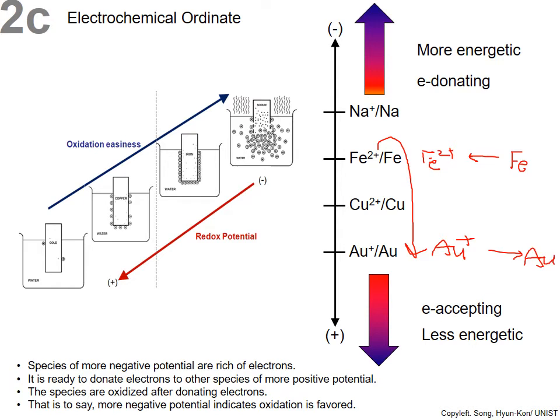In my previous explanation I have said this is the reduction, but it's wrong. This is the oxidation. And at the same time we would have the reduction here. So oxidation is matched with reduction, and reduction is matched with oxidation. That is the correction on my previous explanation.